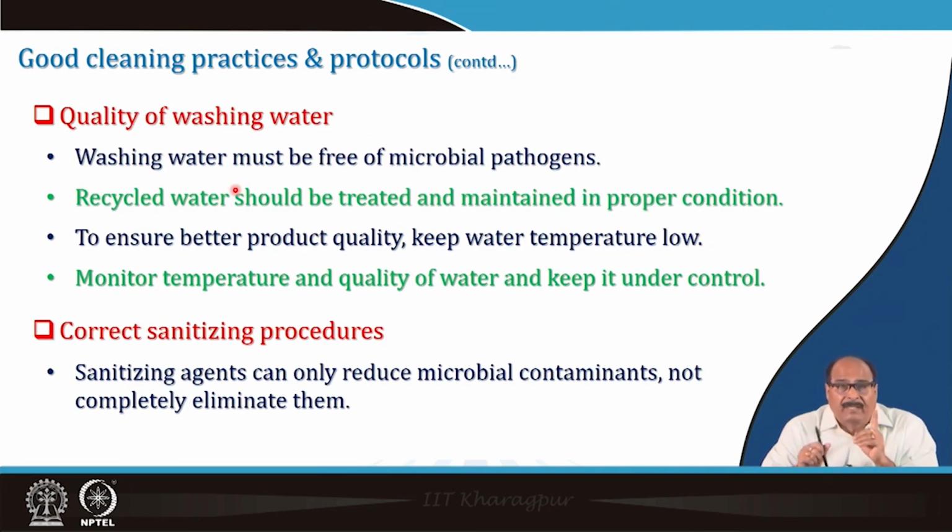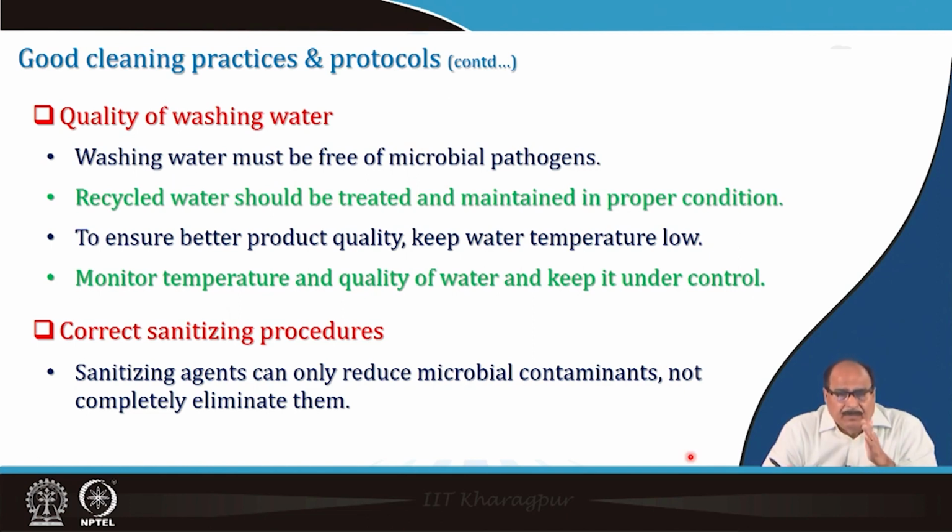Quality of the washing water is again an important aspect. Washing water must be free from any microbial pathogen. Recycled water should be treated and maintained in proper condition to ensure better product quality. Keep water temperature as low as possible, and monitor the treatment and quality of the water and keep it under control.